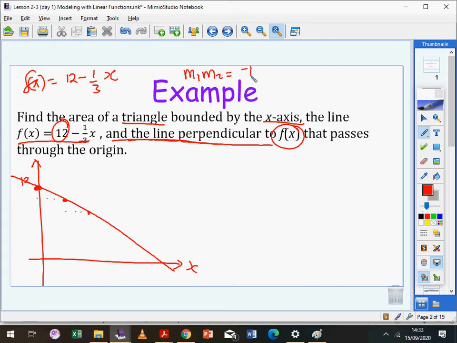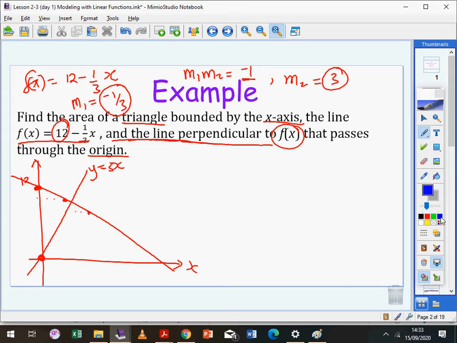Since m1 is negative 1/3, I hope you can see that the slope of that line will have to be 3, because when you multiply 3 by negative 1/3, you get negative 1. And that line is passing through the origin, so it's going to look something like this: y is equal to 3x. Now, I have my triangle.